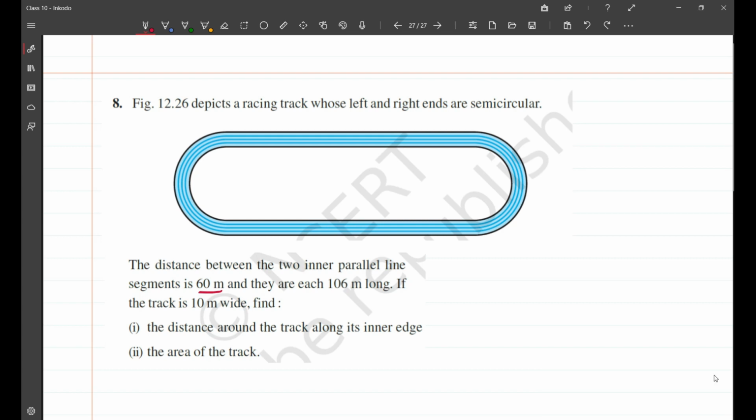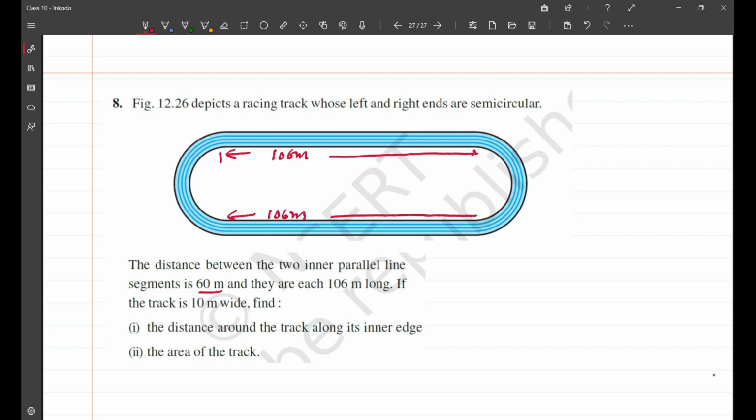Given that the length of these parallel sides is 106 meter, from here to here, and here also 106 meter, and the distance between these parallel sides is given as 60 meter.